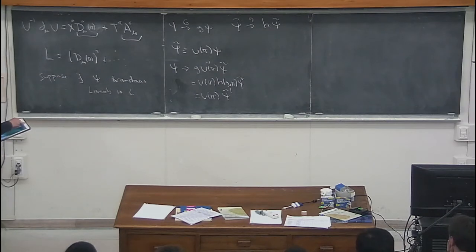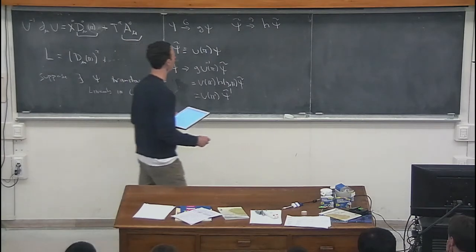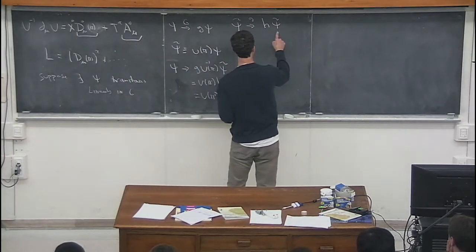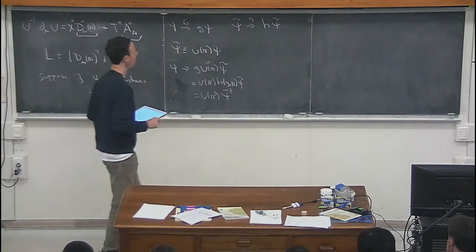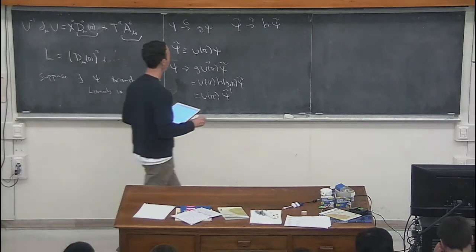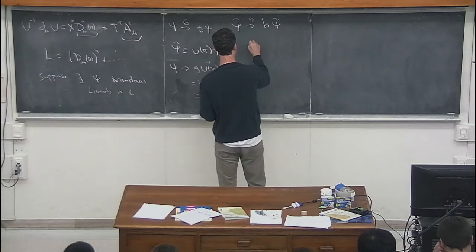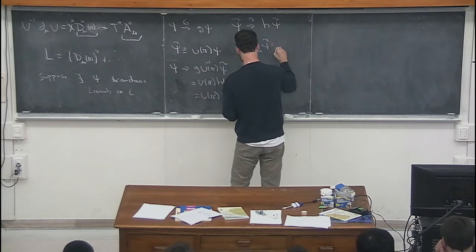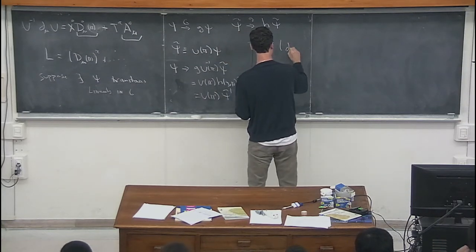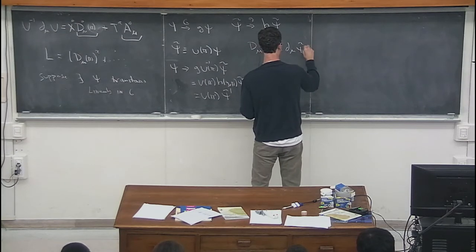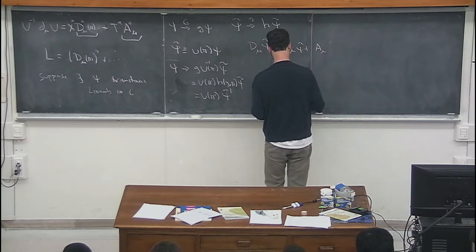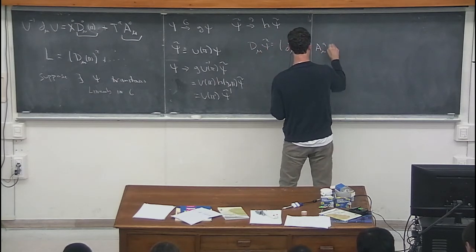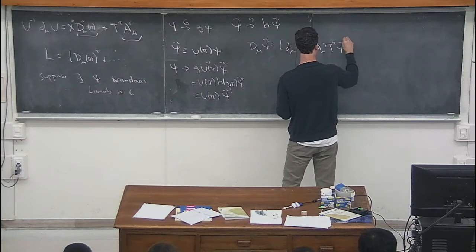Okay, so how can we use this now? The point is, if we want to look at a derivative operating on psi tilde, we can define a covariant derivative as D_mu psi tilde equals d_mu psi tilde plus A_mu^a T^a psi tilde.